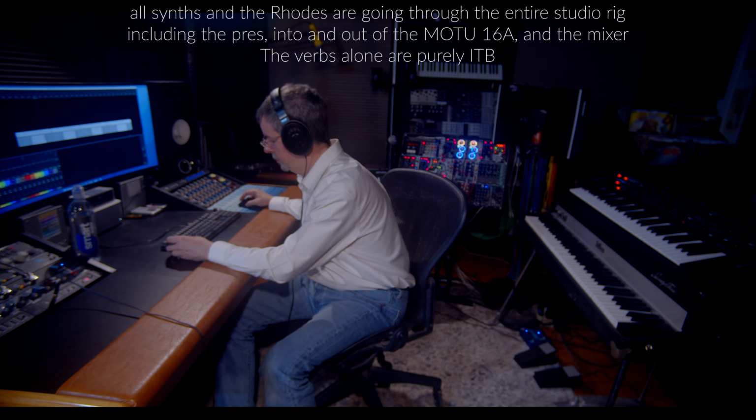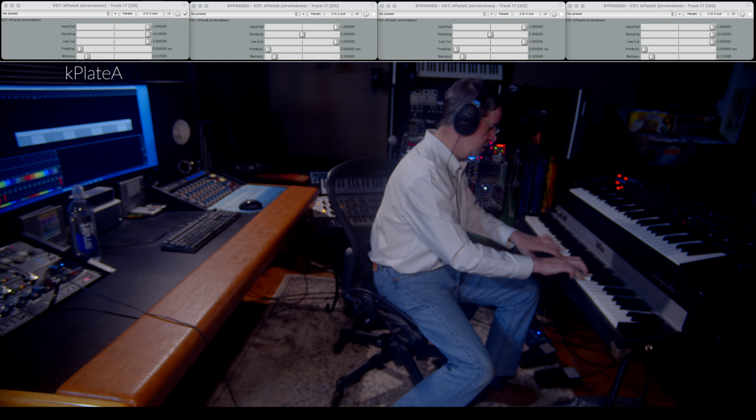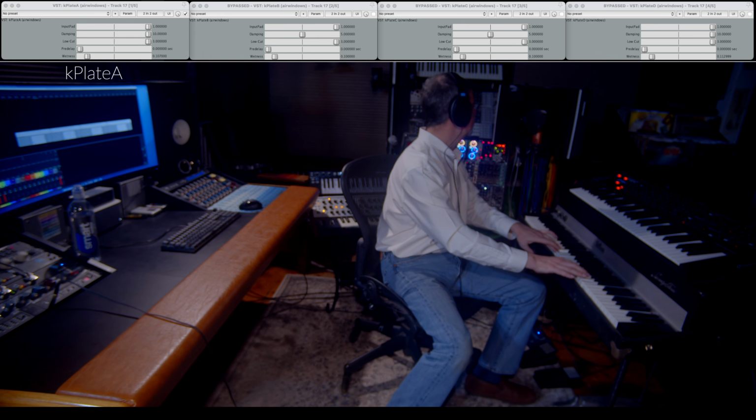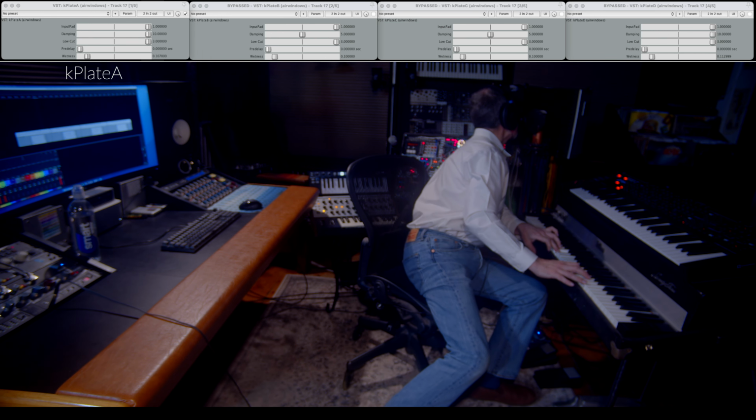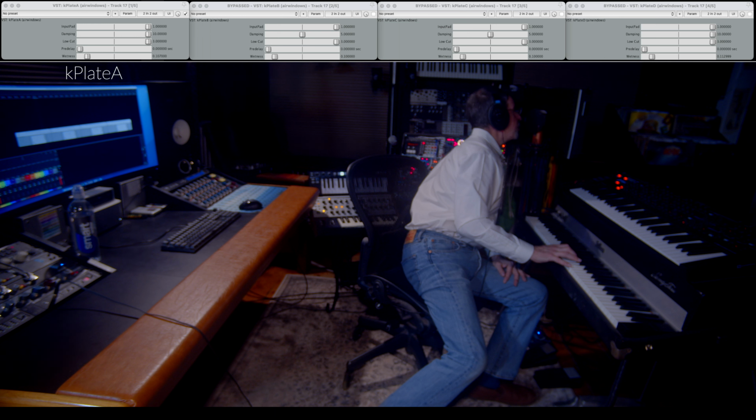kPlateA. This is going to be kPlateA. This was the original big reverb.